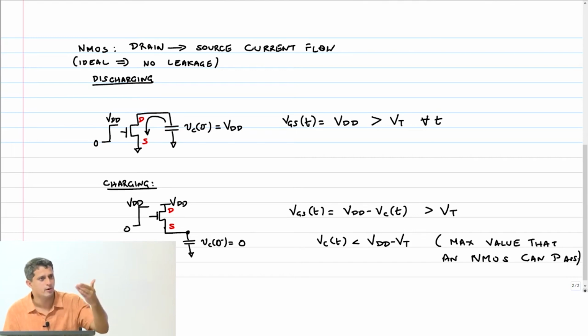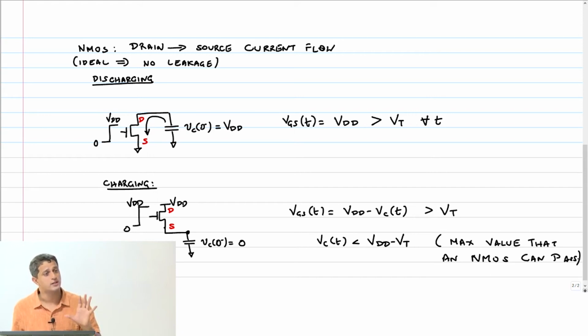Now this is not just a problem of the rail to rail swing, right? It doesn't go to VDD, it stops at VDD minus VT. Apart from this, look at the gate overdrive also. As this capacitor is charging, VGS minus VT is dropping, which means that even in the saturation region and all that, my current is actually dropping because it depends on VGS minus VT. So the charging process is also ridiculously slow.